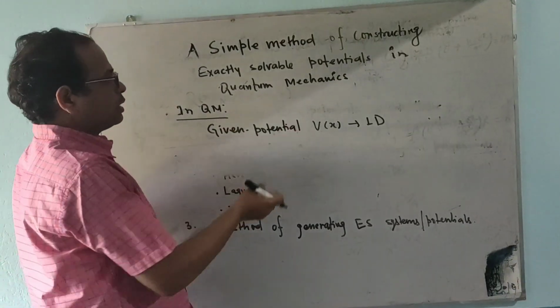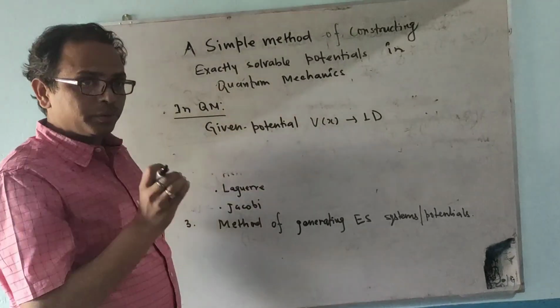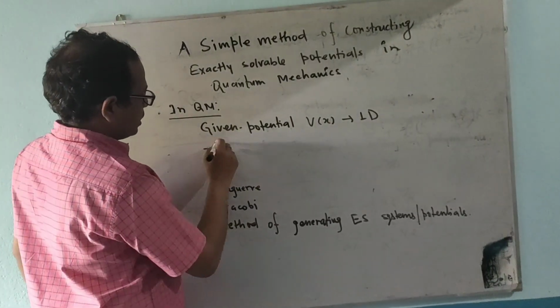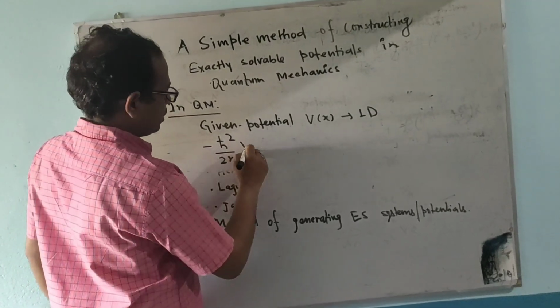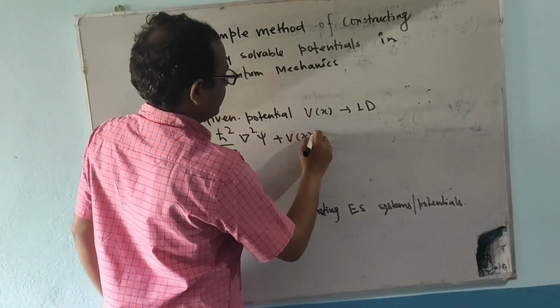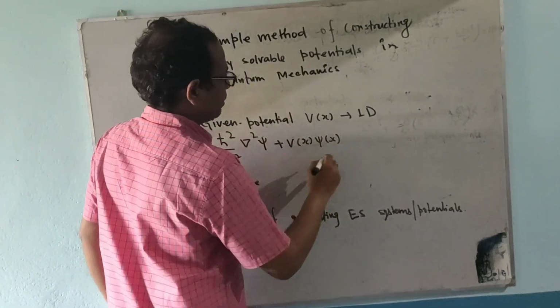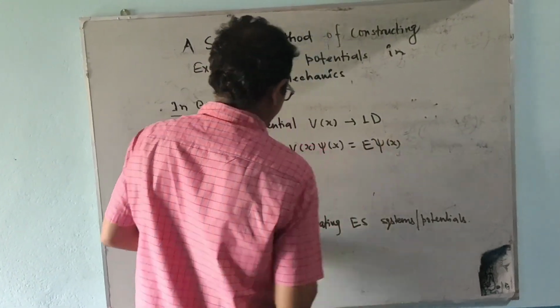For this case, if you want to solve this type of potential, we use the Schrodinger equation: minus h cross square by 2m del 2 psi plus V of x psi of x equal to E psi of x.